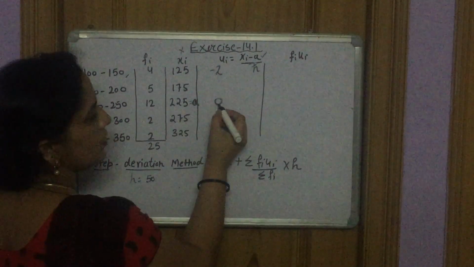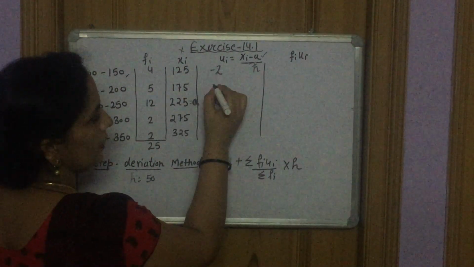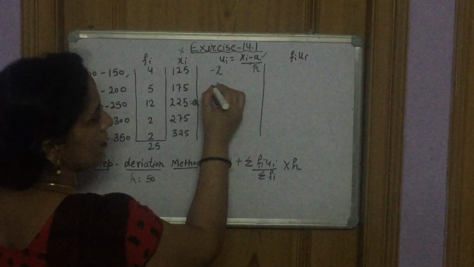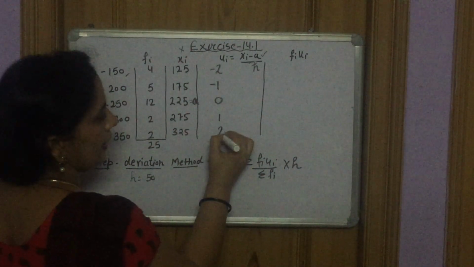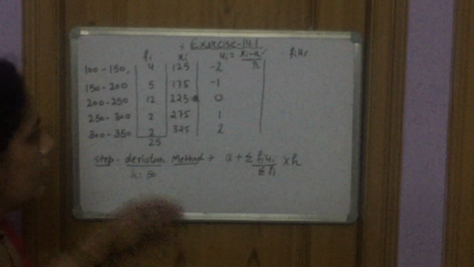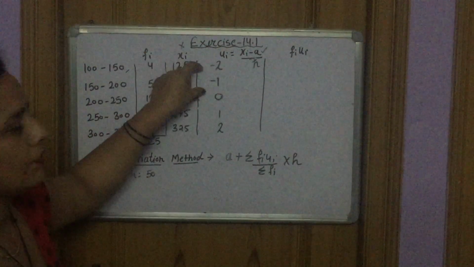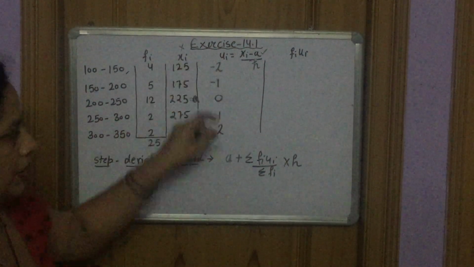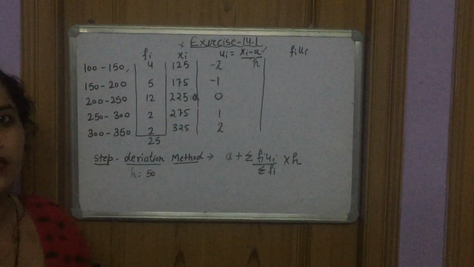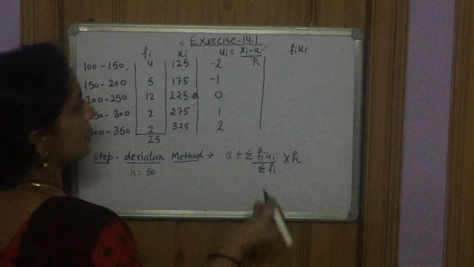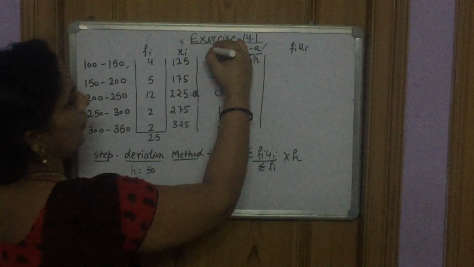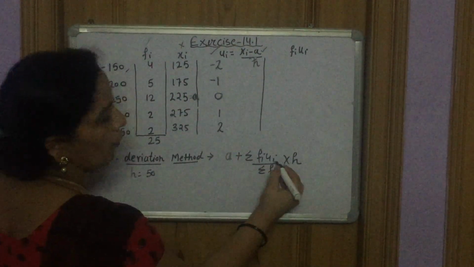So here it will be 0. When we solve this term, then we get minus 1, and similarly here we will get 1 and 2. On the upper side we have the negative terms in every question, and on the lower side we will have the positive terms.